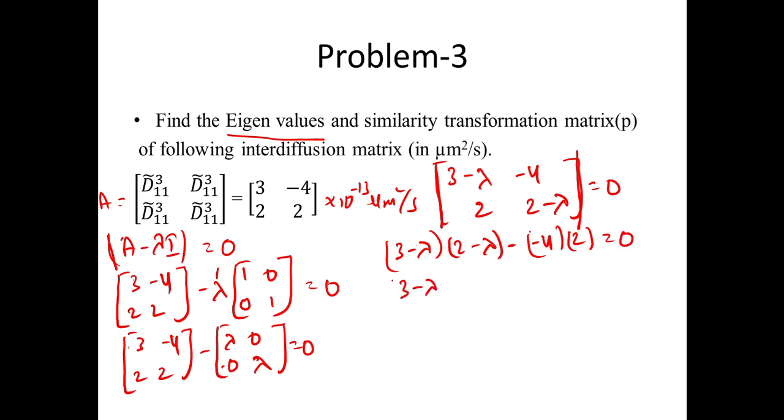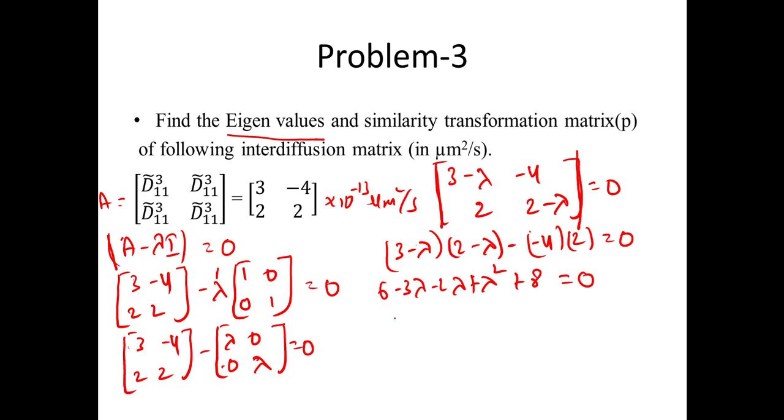So I will directly write the multiplication. It will be long. 3 into 2 is 6, minus 3 lambda, minus 2 lambda plus lambda square, and here it is 8.